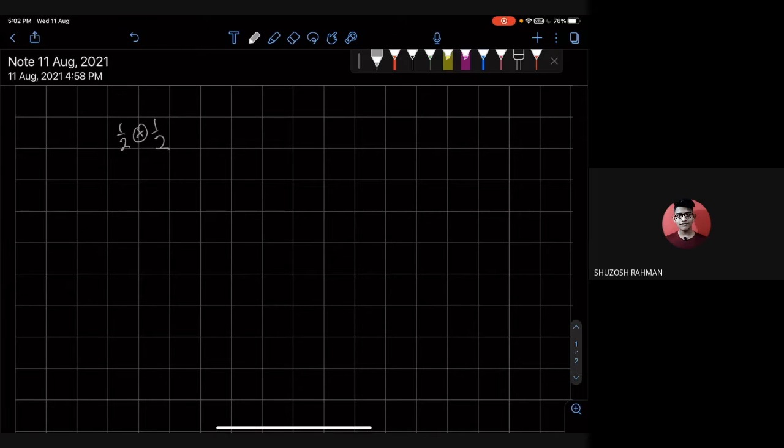So this is particle A, and this is particle B. Now, the dimension of the Hilbert space HA is going to be 2, right? And the dimension of HB will be 2.